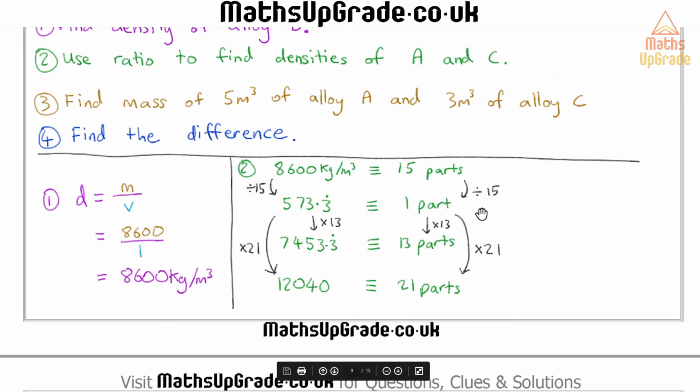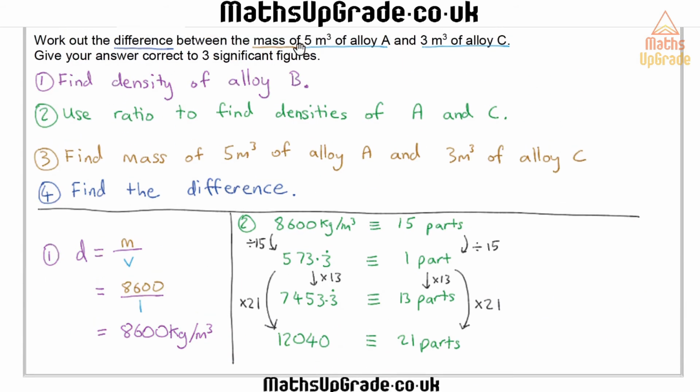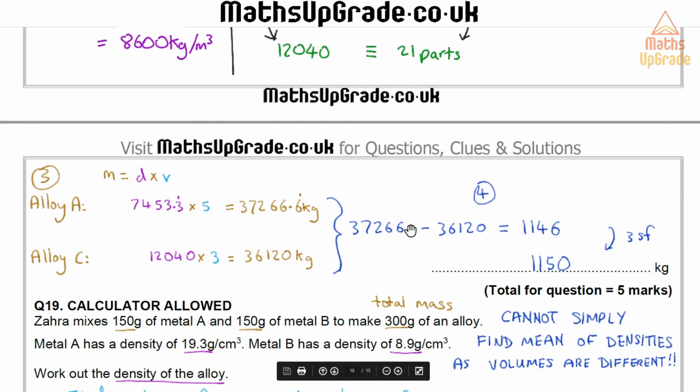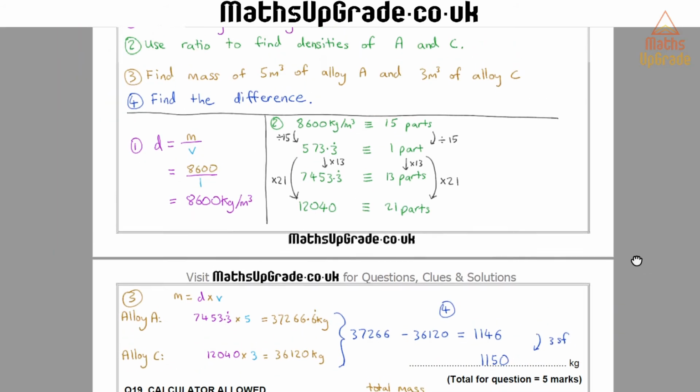There's the volume in the question. Now the question says to find the difference between them and round it to three significant figures. So the difference is subtract, so subtract these two values and then round to three significant figures and you get 1,150 kilograms. So that whole question there is worth 5 marks.